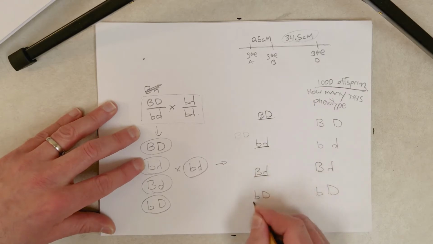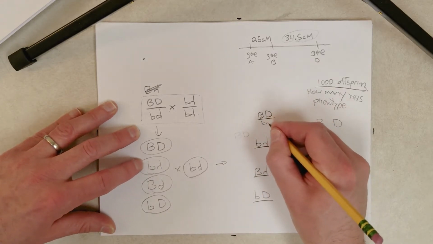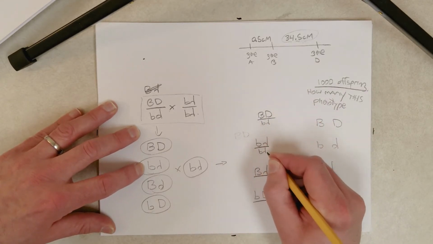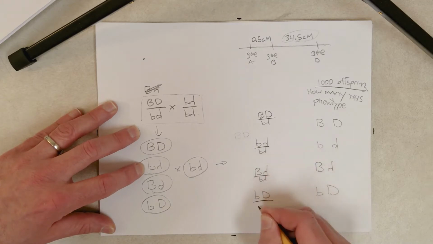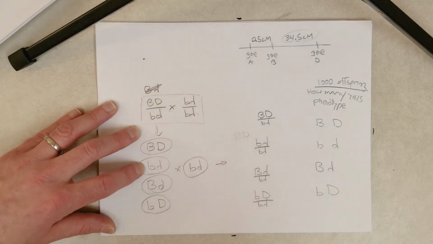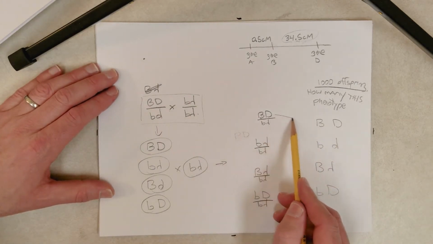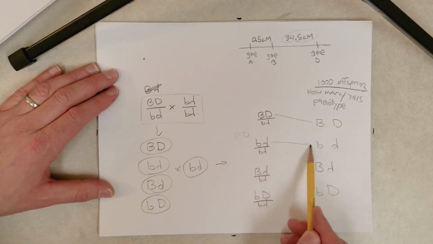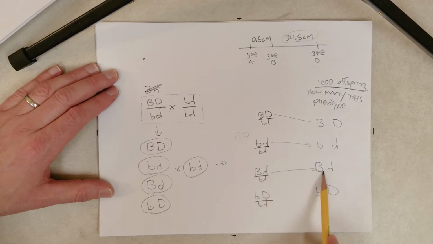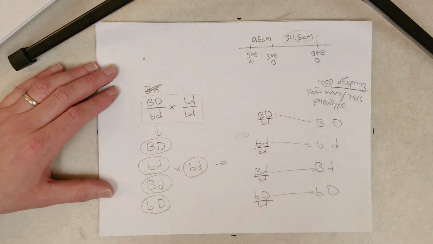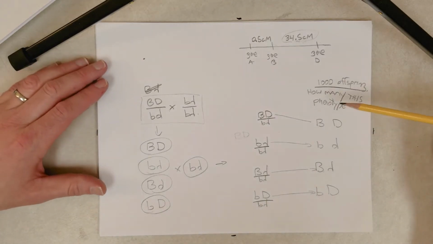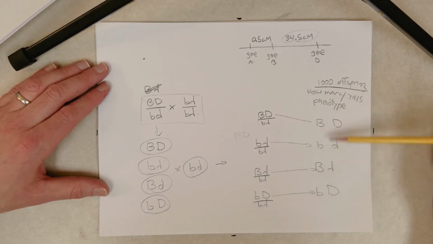Those are the gametes from parent 1. Let me put the genotype of the gamete from parent 2 under each one. And we can see this corresponds to that, that corresponds to that, and so on. So the question was, how many of each of these offspring are we going to get in 1,000 offspring?